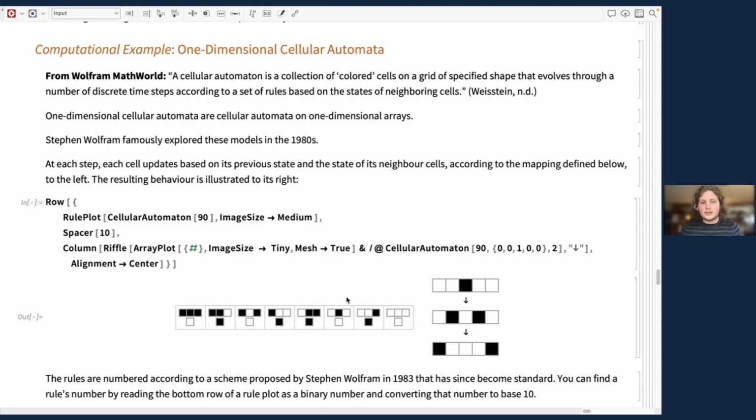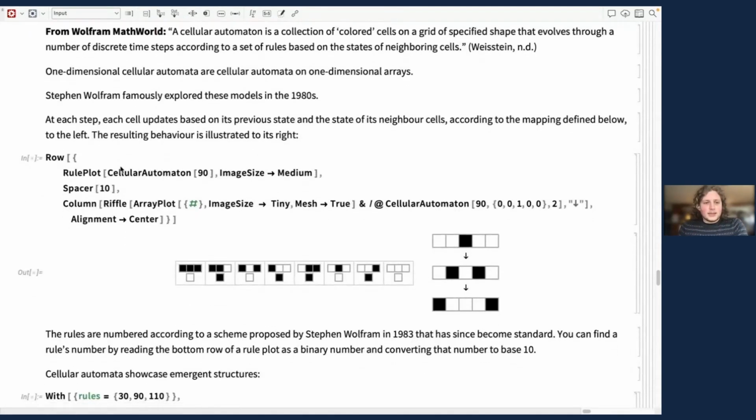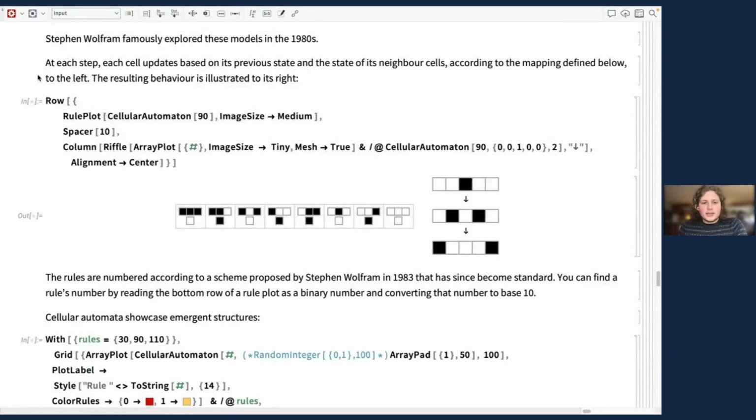For instance, one-dimensional cellular automata are cellular automata on one-dimensional arrays. In these models, at each step, the cell updates based on its previous state and the state of its immediate neighboring cells according to the mapping defined below.